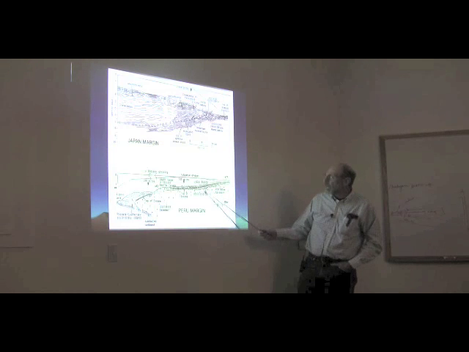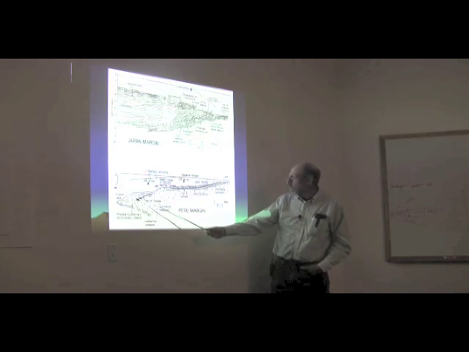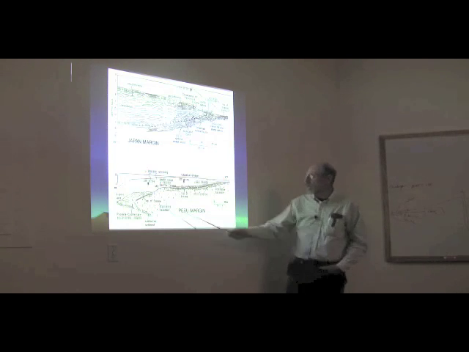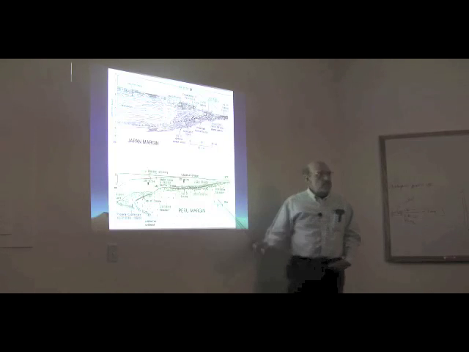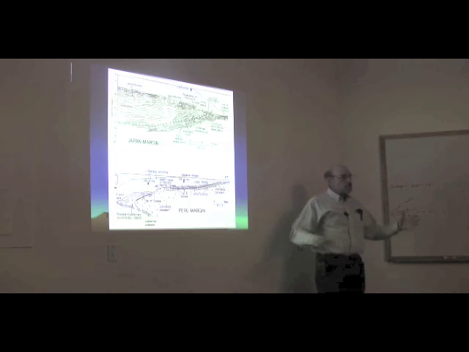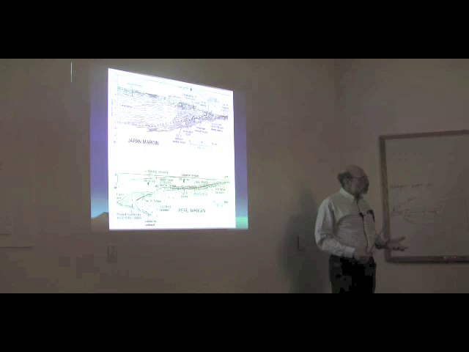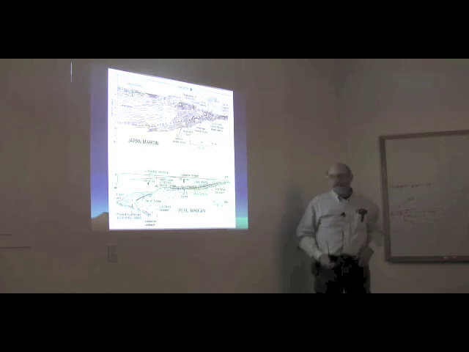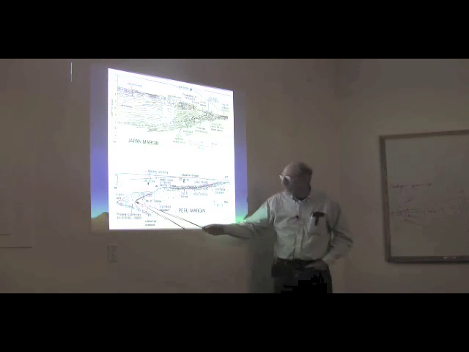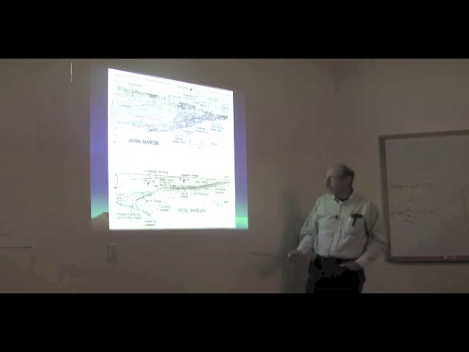And in the case of Peru, you can see this crystalline basement going down to within 5 kilometers of the trench axis. Now, Peru's an interesting case because subduction has been going on there since the Triassic, almost 200 million years. And you have nothing to show for it, you know, the few scraps of bits down in the front.